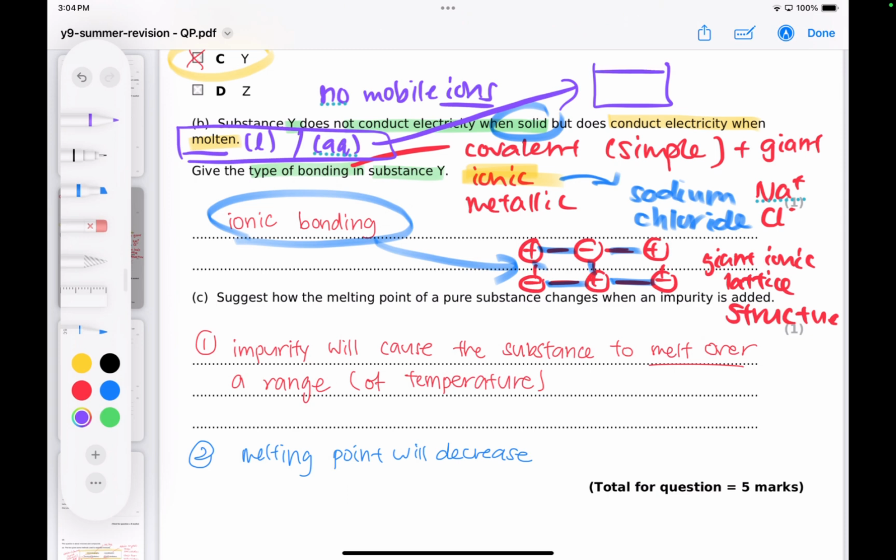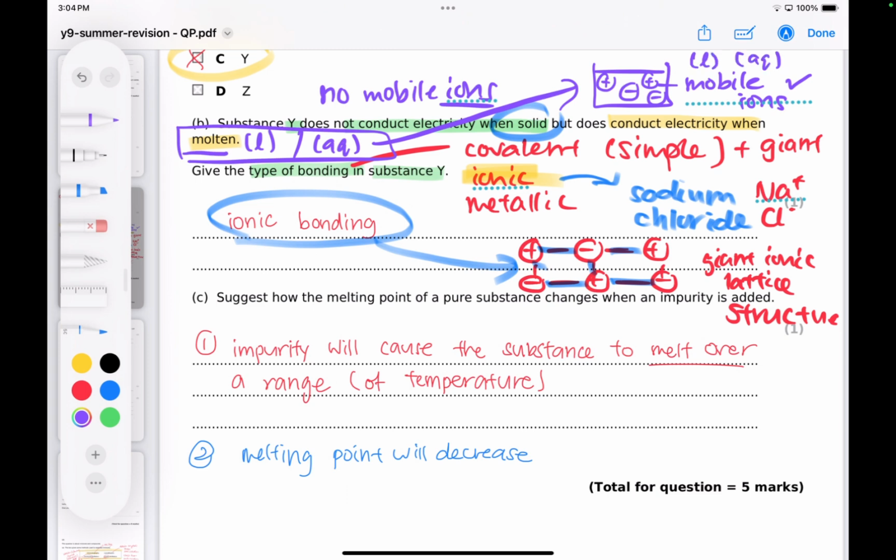So I'm just going to draw water, and then we've got positive and negative ions. These ions are able to move, and we call them mobile ions. When the ions are able to move, they can conduct electricity, but only in molten and aqueous state.